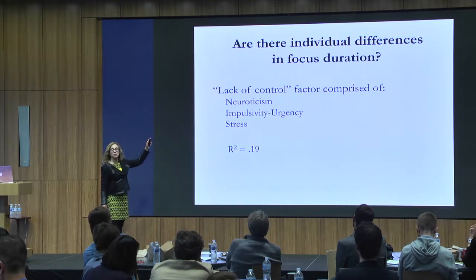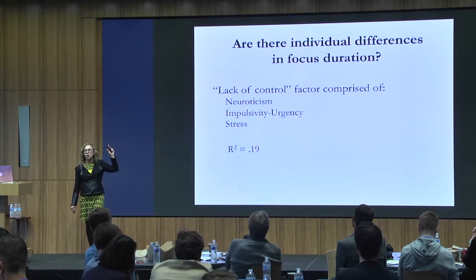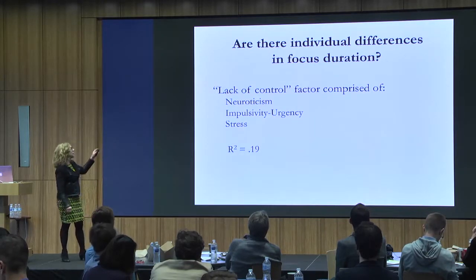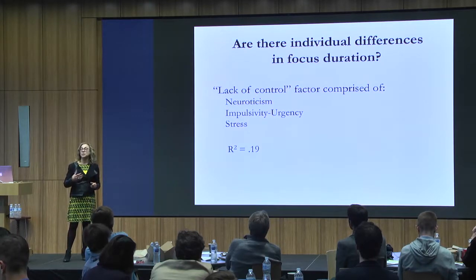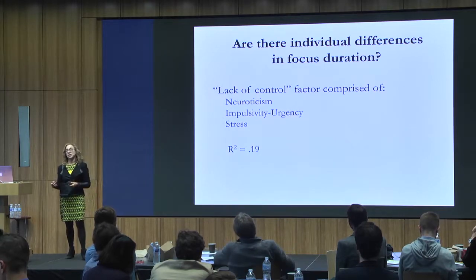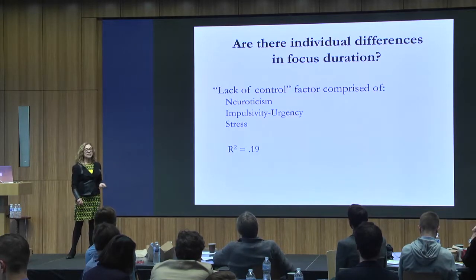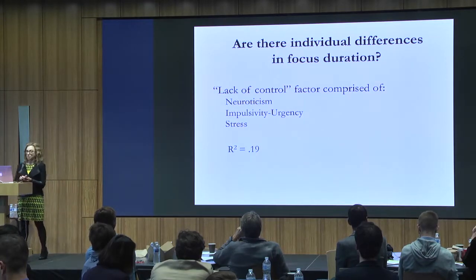And this particular factor came out as significant. This is a factor that we label lack of control. It's a referent label, and it's comprised of the variables, people who are high in neuroticism and people who score high in a personality trait of impulsivity, urgency, and people who are also very stressed. And this explains 19% of the variance of people's focus.